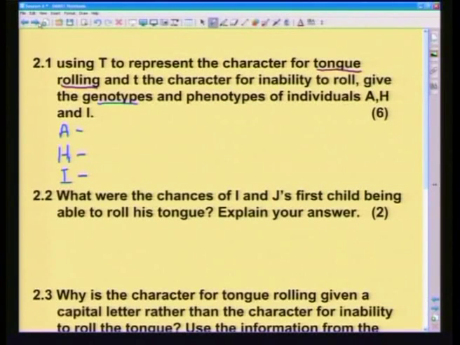So we move on here. So we said A was capital T, small t, H was capital T, small t, and I is small t, small t. Now remember, we've now done the genotype. Let's look at the phenotype. What are we going to be able to see physically? Well, clearly there's a dominant gene, so this would be a tongue roller.